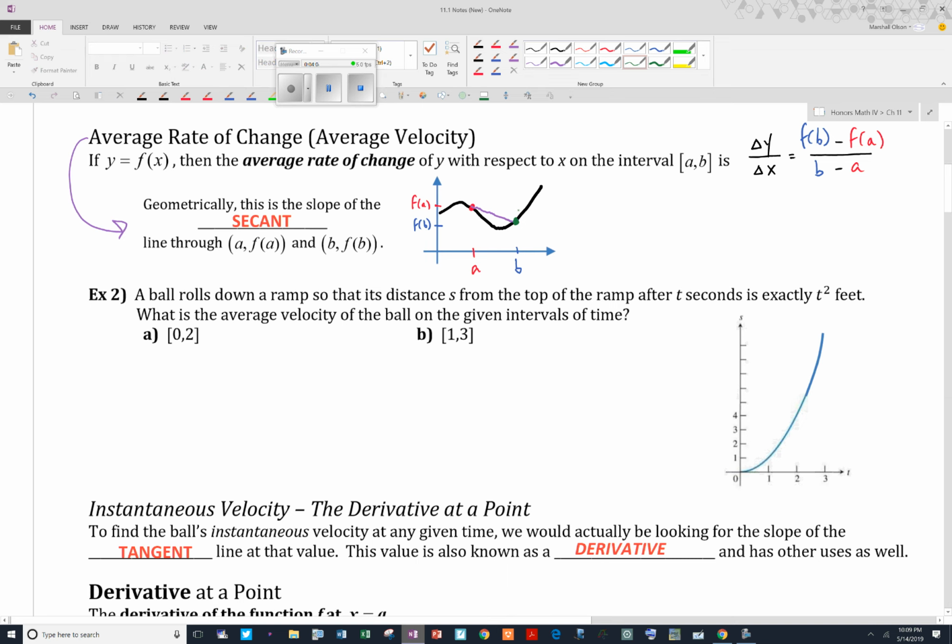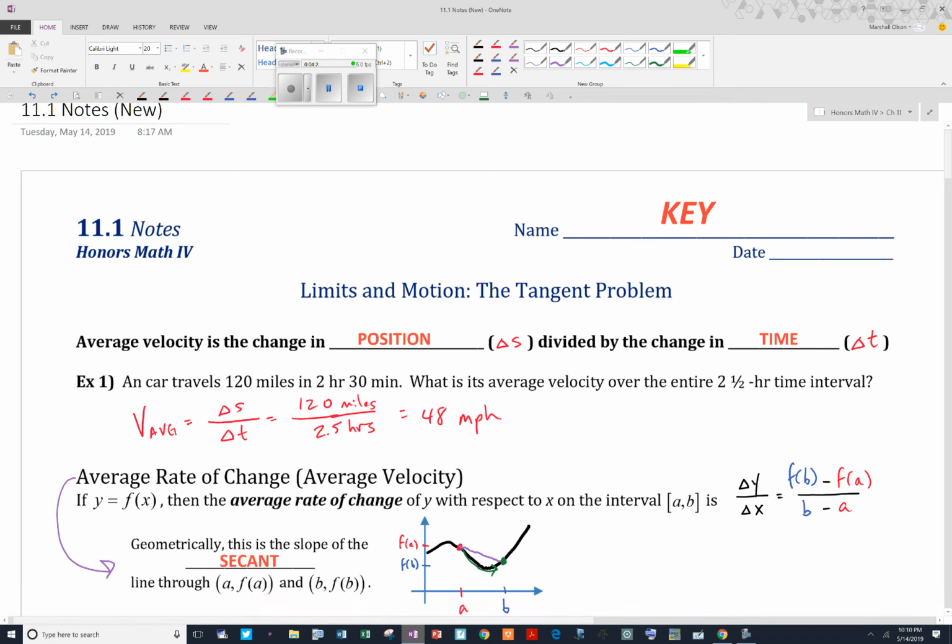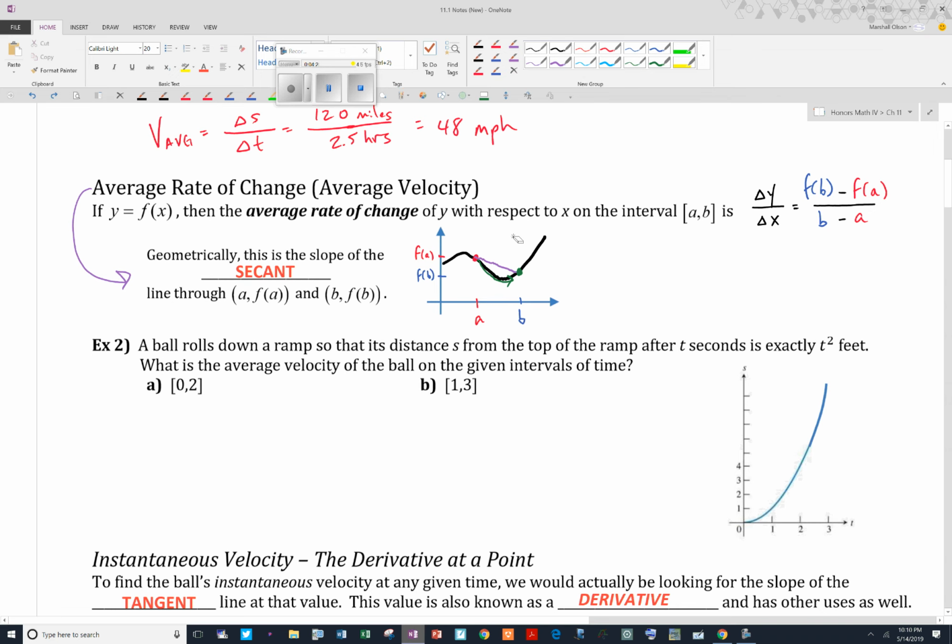Well, what we need to do is find the change in y over the change in x, with these points getting closer and closer and closer, like this one moving towards this one, until they actually become the same point.